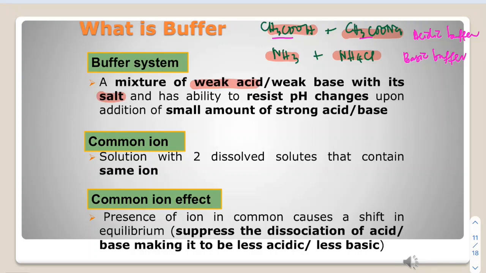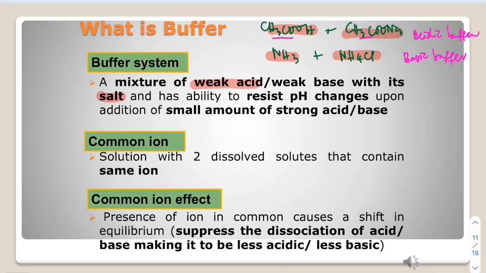So that is the buffer system. Then let's look at the common ion. If we have a solution with two dissolved solutes that contain the same ion, we say that the solution contains a common ion. For example, when we have a solution of acetic acid and sodium acetate, they have the common ion acetate, CH3COO minus.